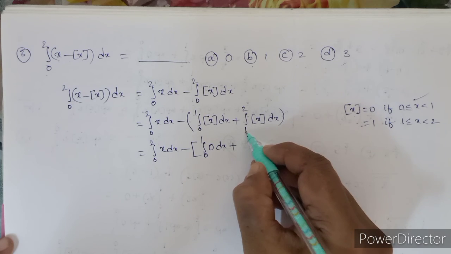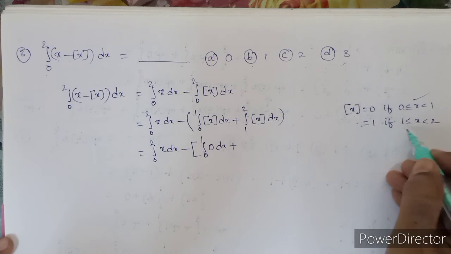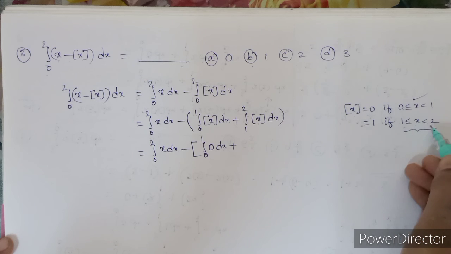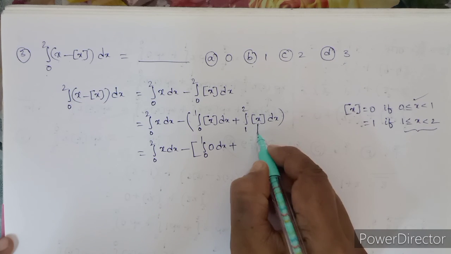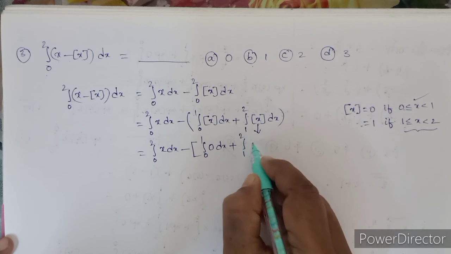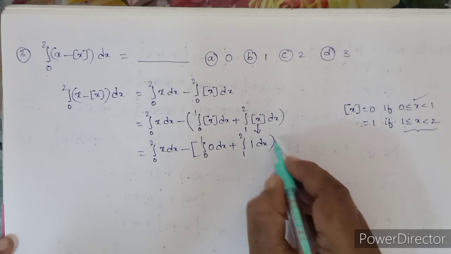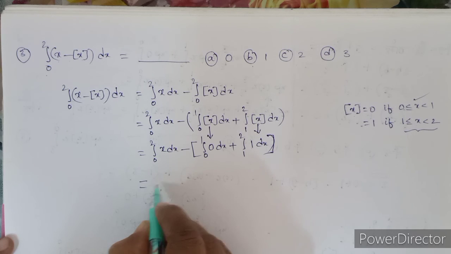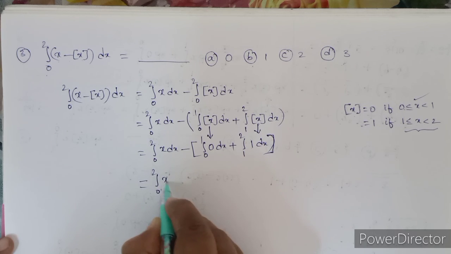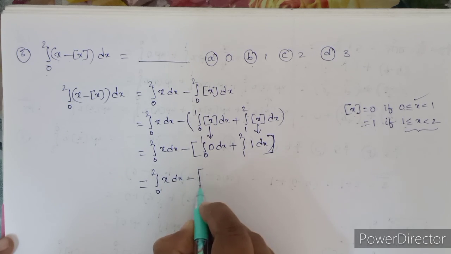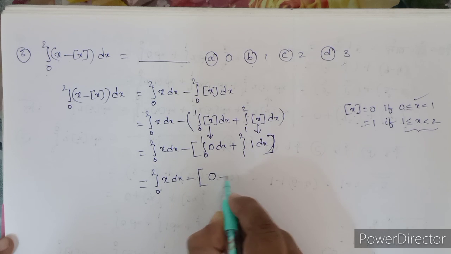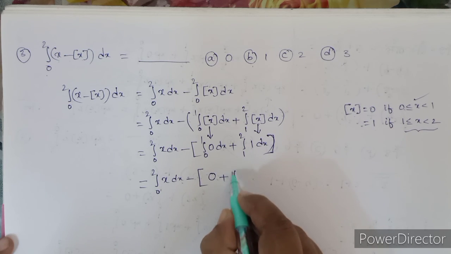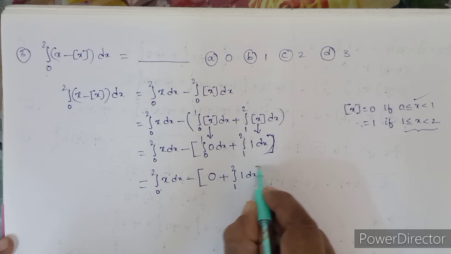When x lies in between 1 and 2, step x is equal to 1. So we write this as 1, and this is 0. Integral 0 to 2 x dx minus of, definite integral of 0 is 0, integral 1 to 2 1 dx.